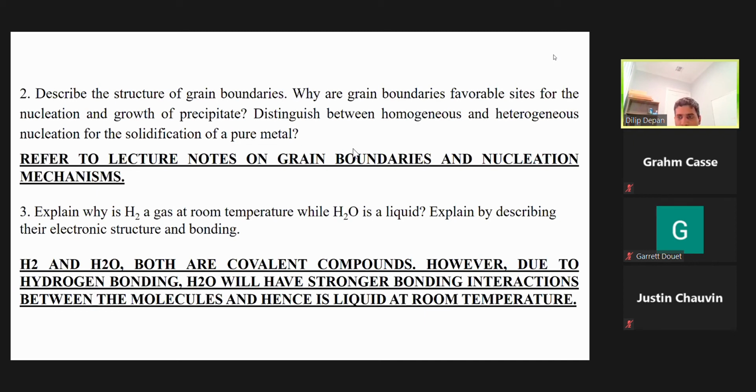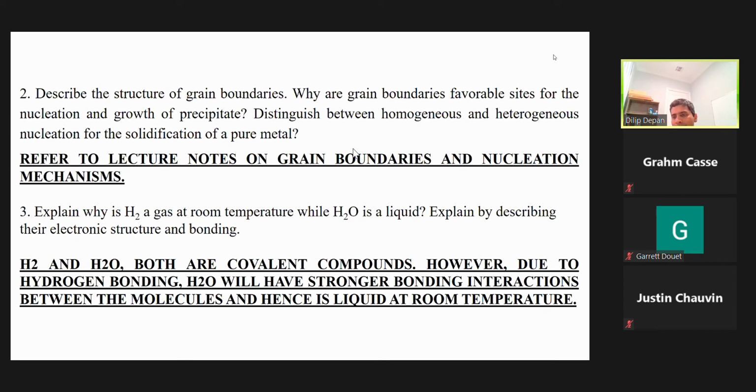However, the correct answer is, because hydrogen is a non-polar covalent molecule, while water is a polar covalent compound. Water also has a strongly electronegative oxygen atom that will attract the bonded electrons, will have a partial charge, will form the dipoles, and then it will form hydrogen bonding.